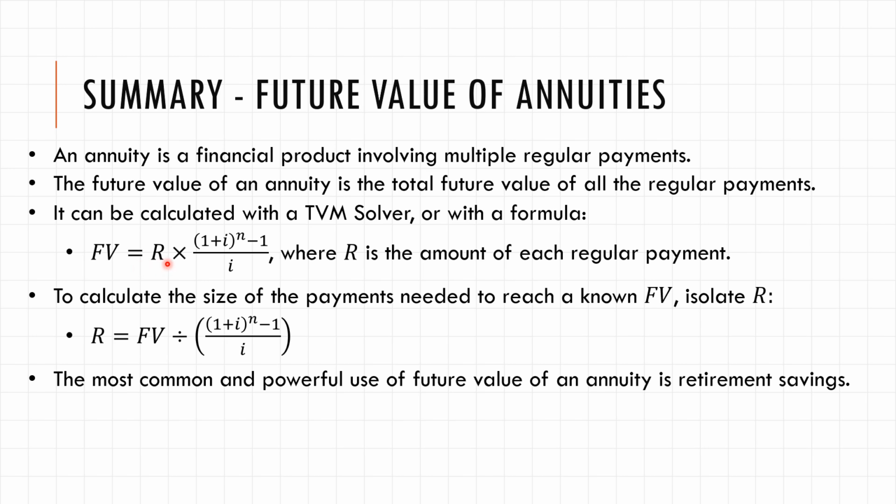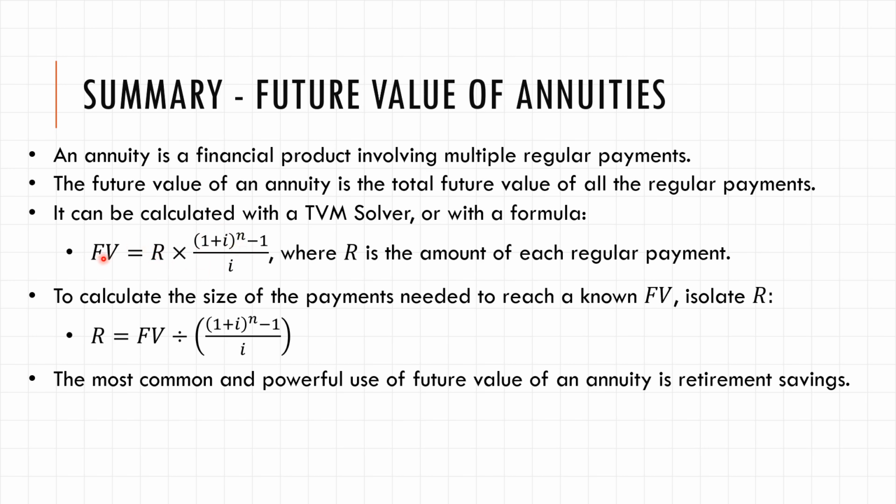Now, there's another formula. Well, it's the same formula, but if instead of calculating the future value, you want to calculate the size of the payment that you need to make in order to reach that value, you just have to isolate R. All of this entire expression will remain the same value, so that's going to be just some number. If we divide by that number, that would cancel it out here.